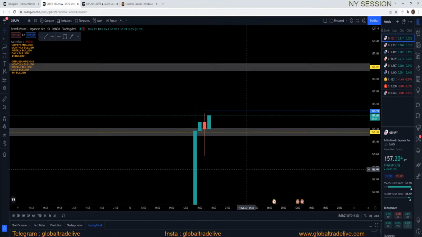If this candle breaks the high, then I'm gonna wait for the next candle to create a lower wick and then go up.